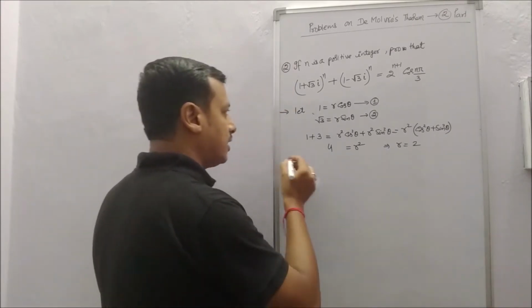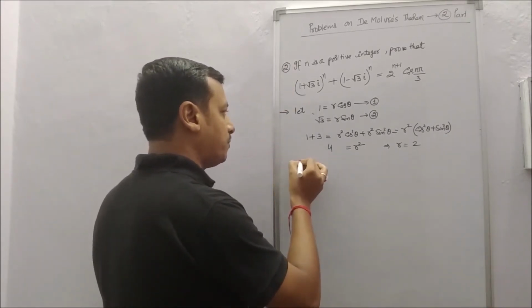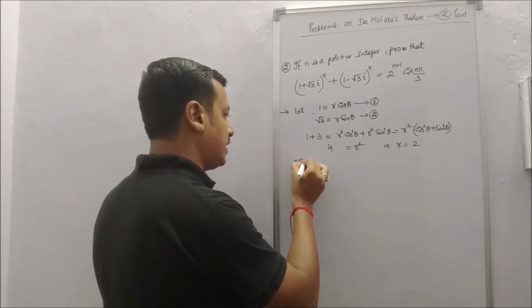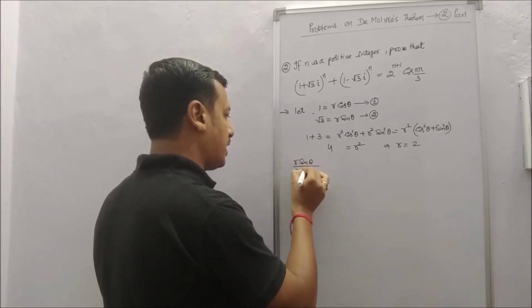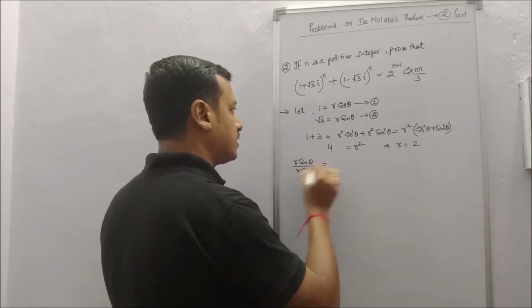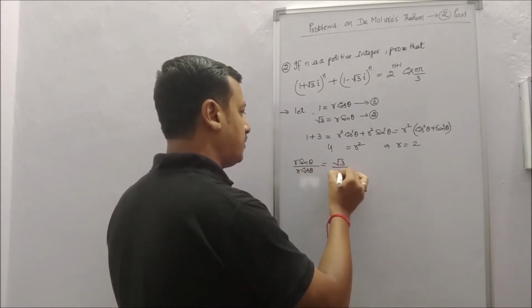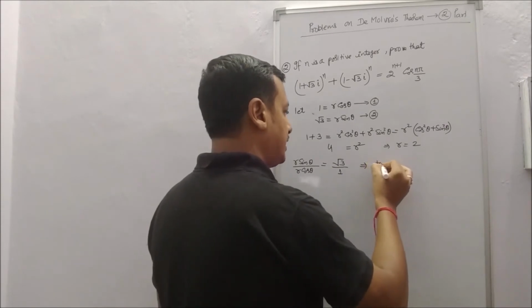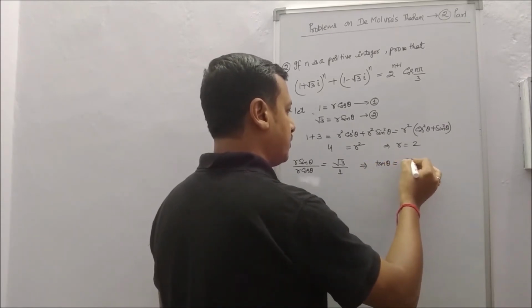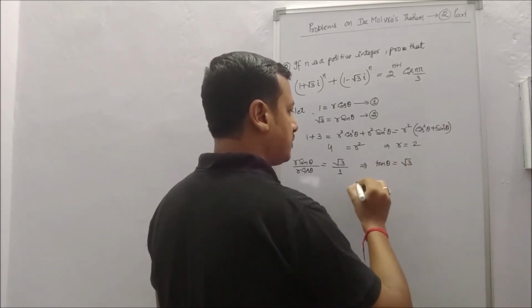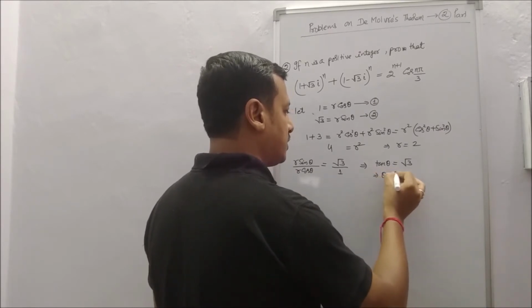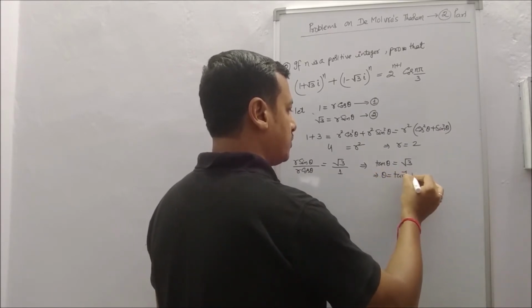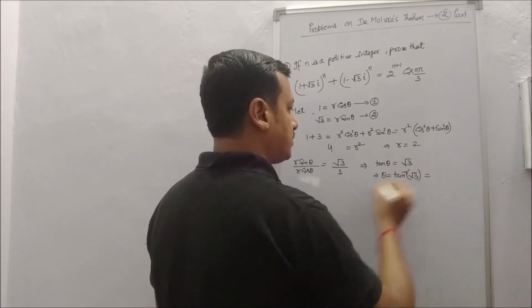Next, dividing equation 2 by 1, that is r sin θ divided by r cos θ is equal to √3 divided by 1. That will be tan θ = √3, that is θ = tan⁻¹(√3).